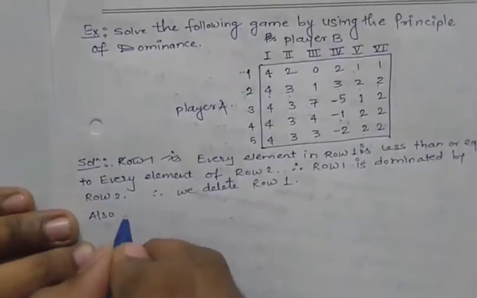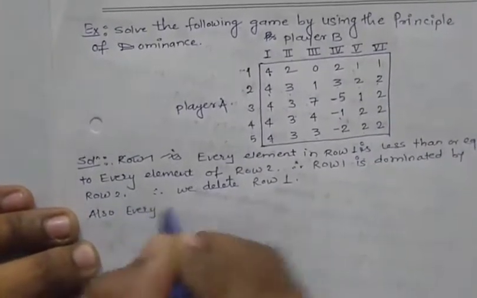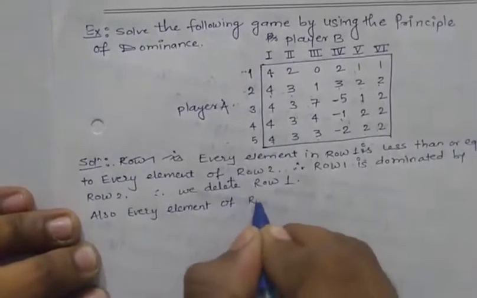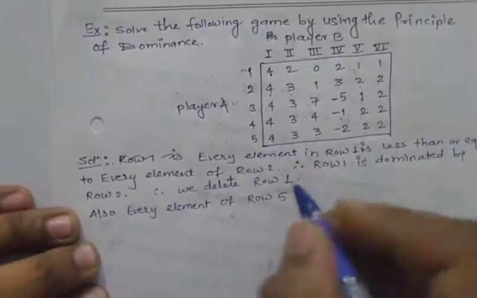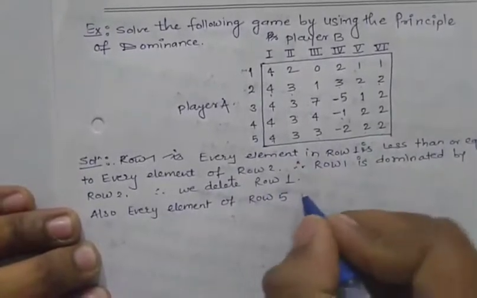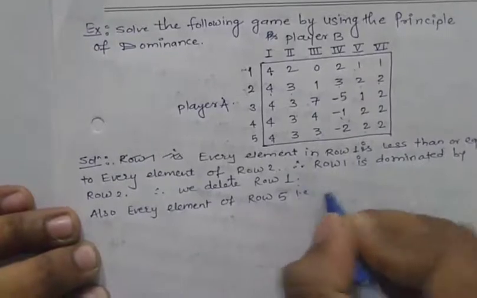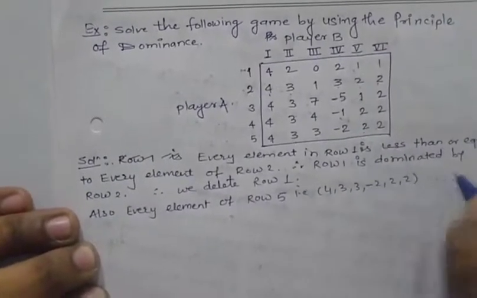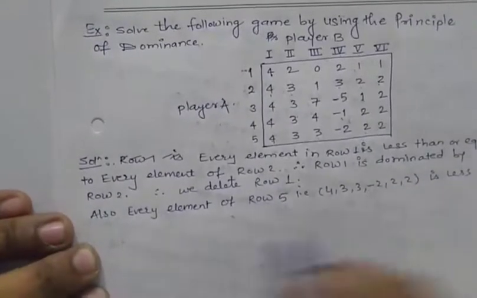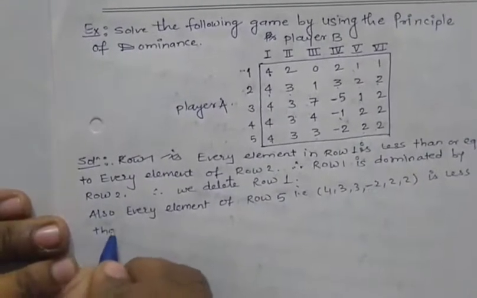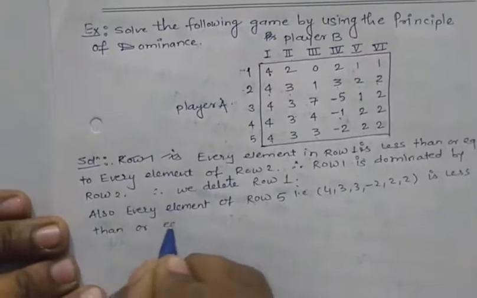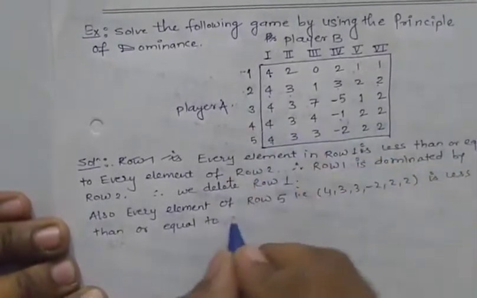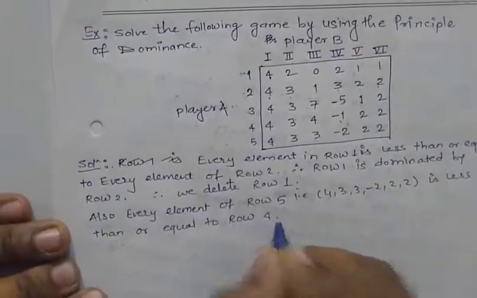Also, every element of row 5, that is 4, 3, 3, minus 2, 2, 2, is less than or equal to row 4.